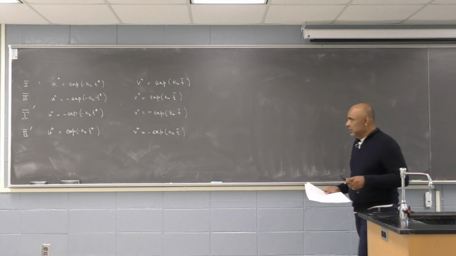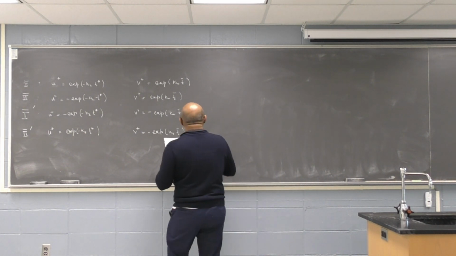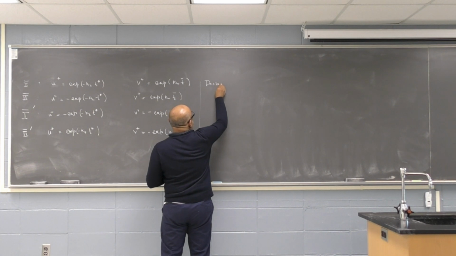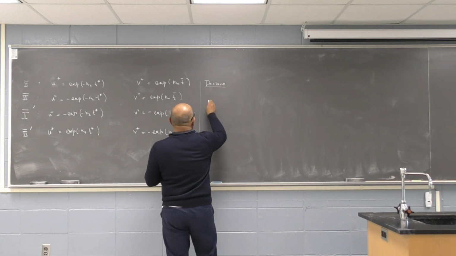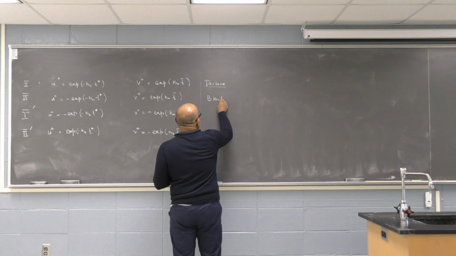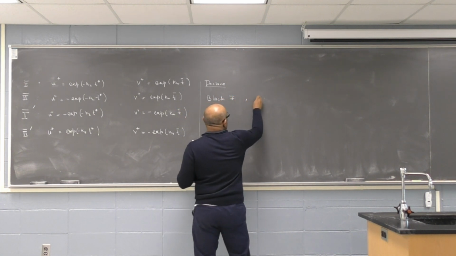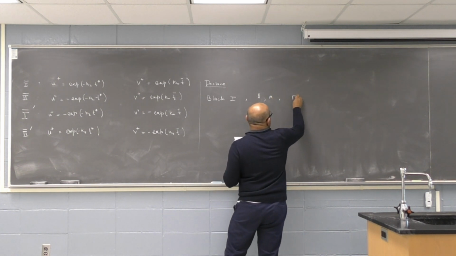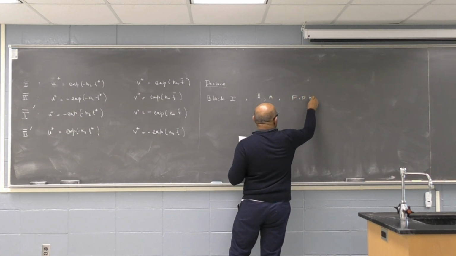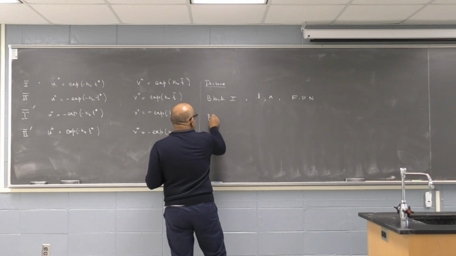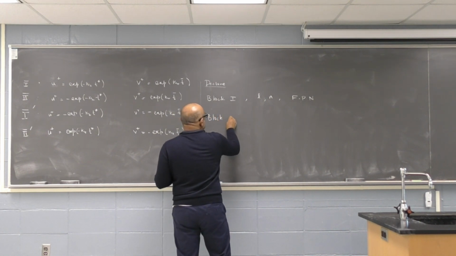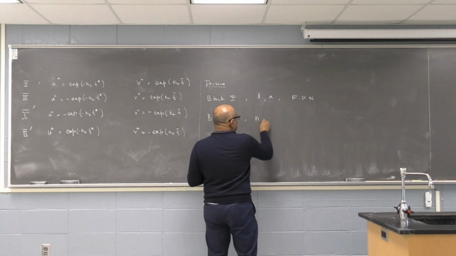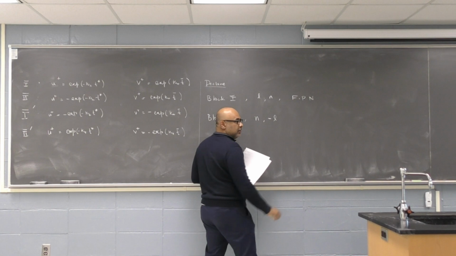So here is my declaration of time orientation. Block 1: L, n is future pointing null. Block 2 bar: n, minus L, correct?